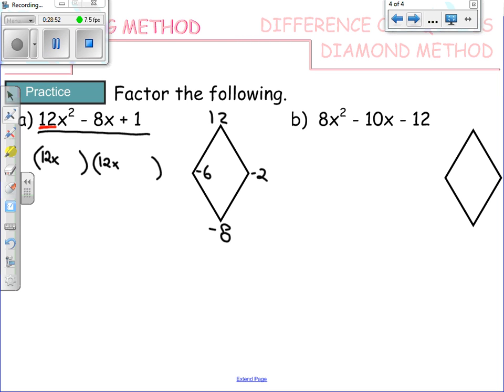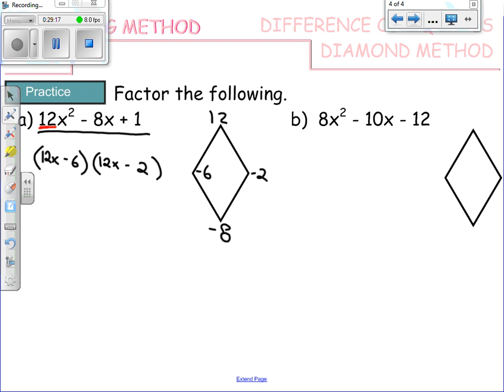-6. What we can do is we can break that 12 up into a couple of things. We can break it up into 6 and 2.